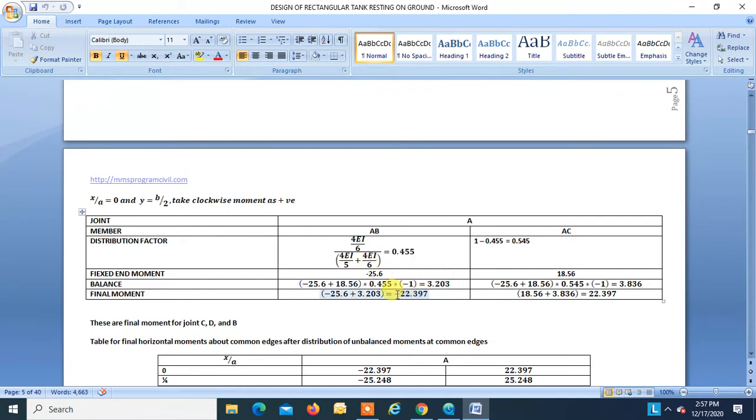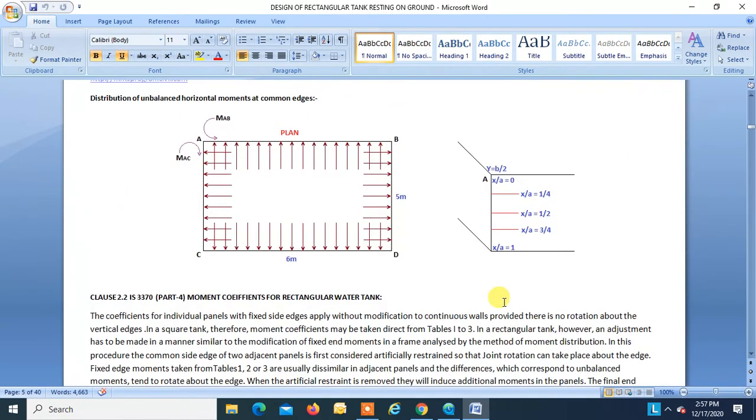This plus this is equal to the final moment 22.397, and this plus this is equal to the final moment 22.397. So this is how we get equal moments with opposite sign. These are our final moments, this is our MAB and this is our MAC. Similarly, you also have to find MAB and MAC for x by a equal to 1 by 4.